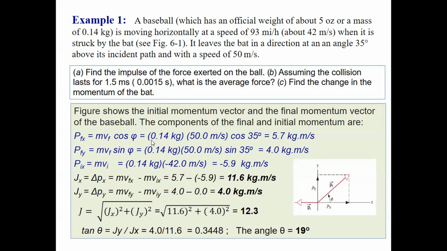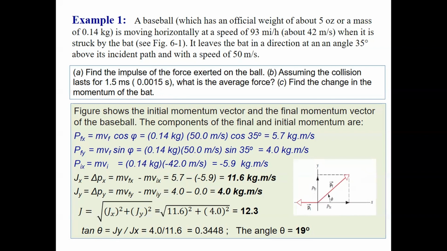So let's do the first part. This diagram shows the directions and the vectors of the momentum. The initial momentum is shown here as Pi, and the final momentum is shown as Pf. The Pf is at the angle phi, which is equal to 35 degrees.